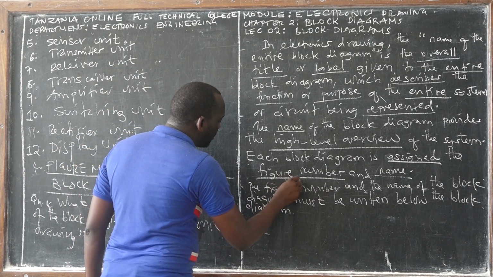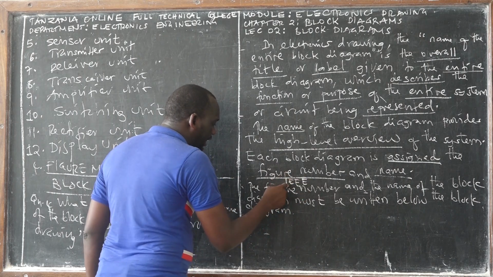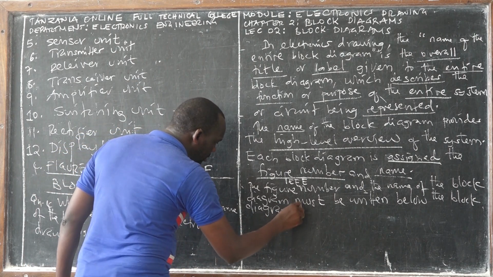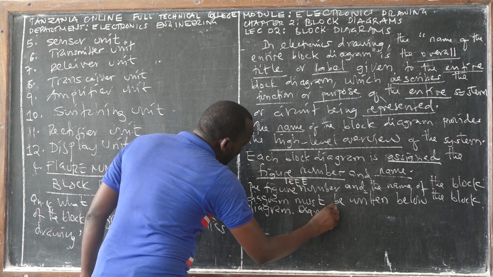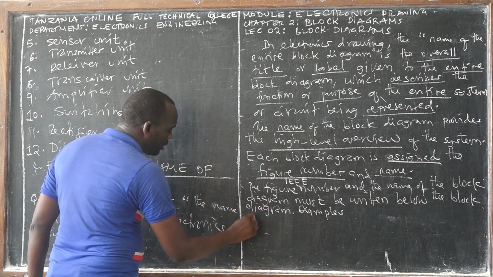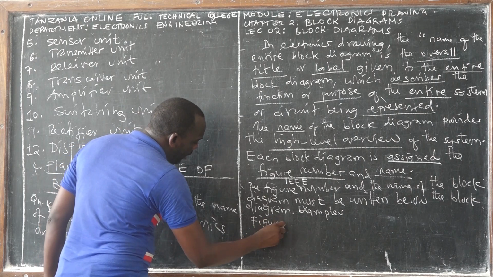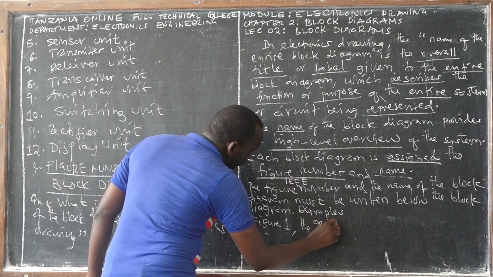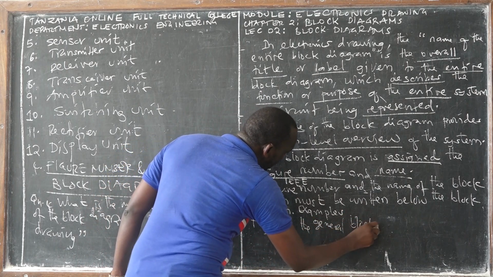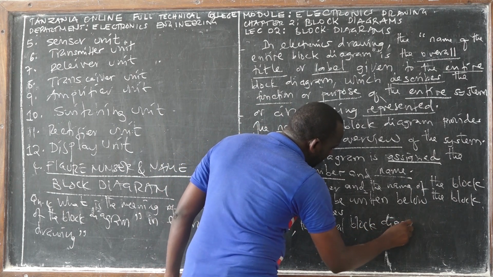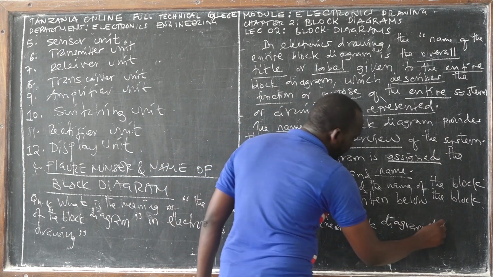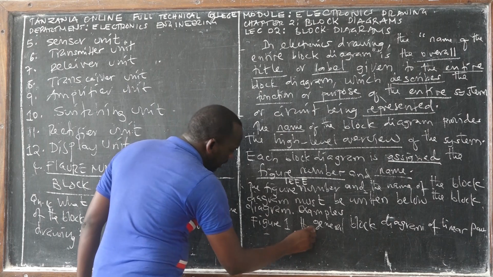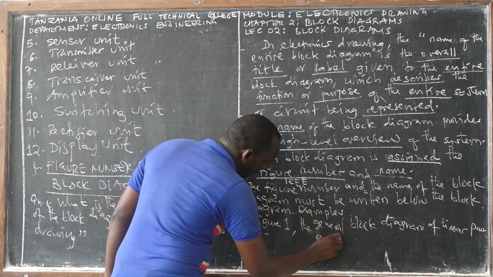So IEEE is the abbreviation of Institute of Electrical and Electronics Engineers. So examples of figure number and name are these. Stop writing. We can write Figure 1, the general block diagram of linear power supply.